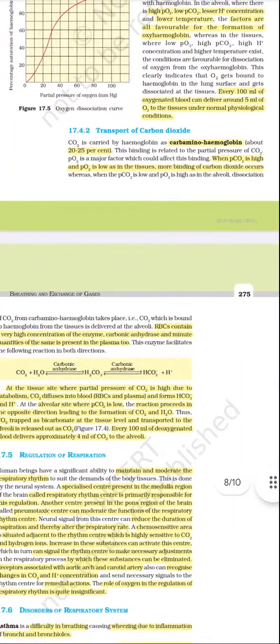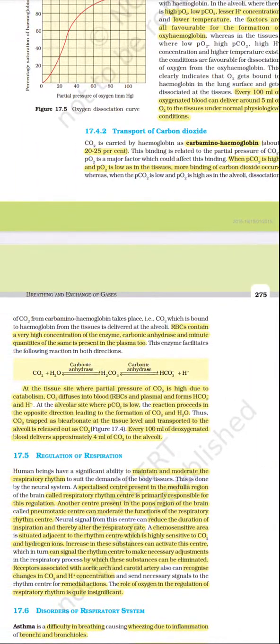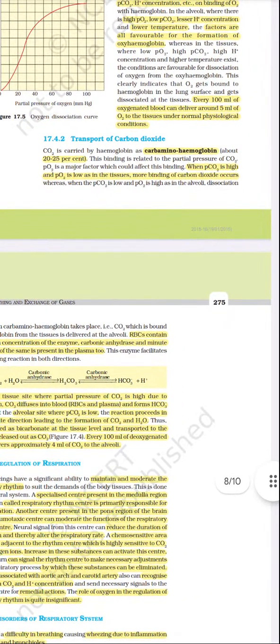Transport of carbon dioxide. About 20 to 25 percent of carbon dioxide is carried by hemoglobin as carbaminohemoglobin. This binding is related to the partial pressure of carbon dioxide. Partial pressure of oxygen is a major factor which could affect this binding.